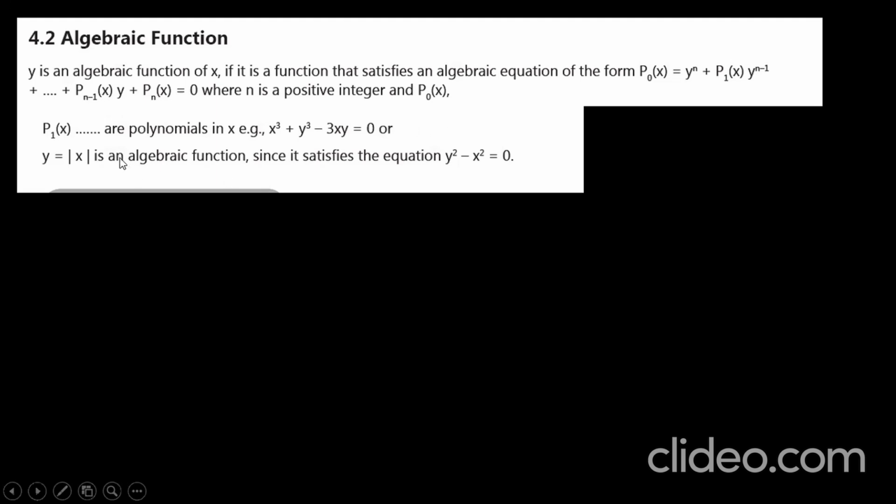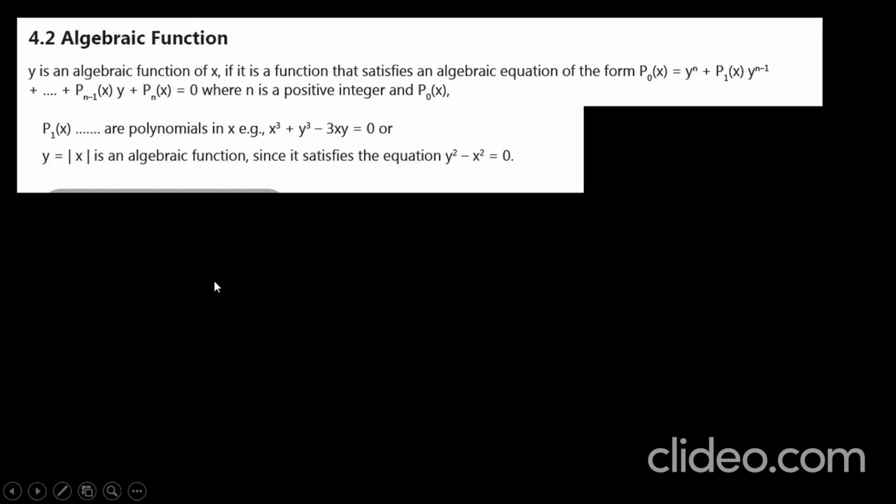N is a positive integer, and p1 of x and so on are polynomials, we know. y is equal to mod x is an algebraic function since it satisfies the equation y square minus x square is equal to 0.